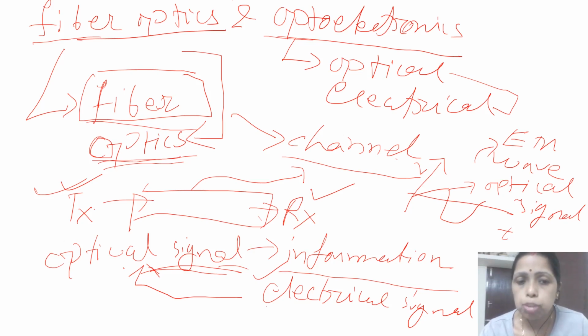Whatever physical information we have in our daily life is converted into electrical information when it comes to the system. After that, if you need the optical signal, the electrical information is converted into the optical signal, the electromagnetic wave, which is used to carry the information.